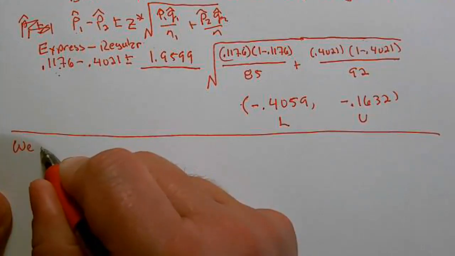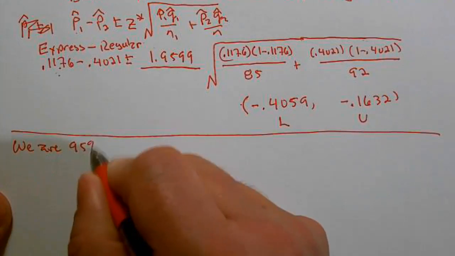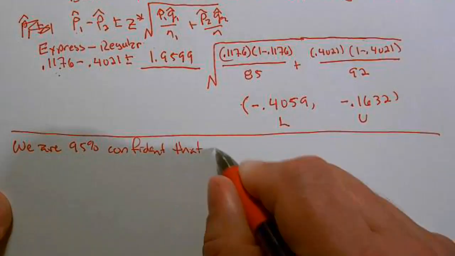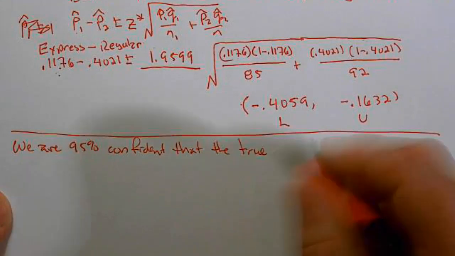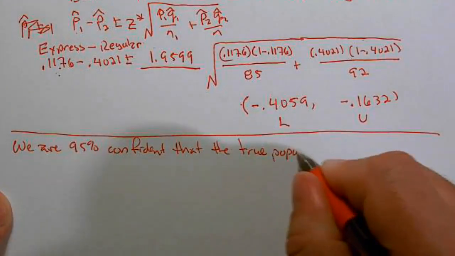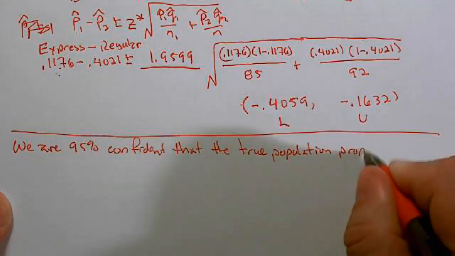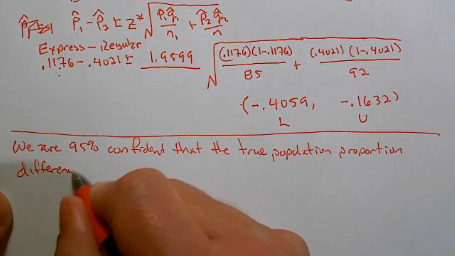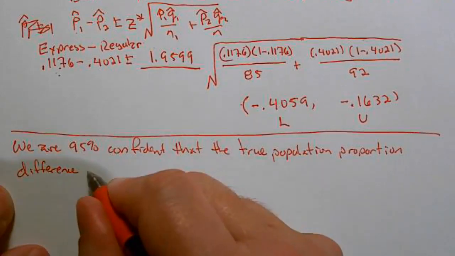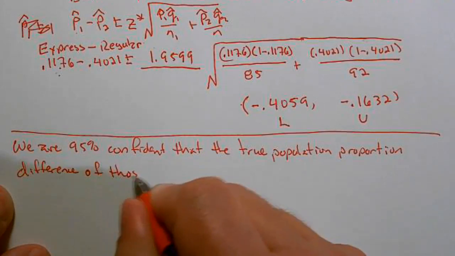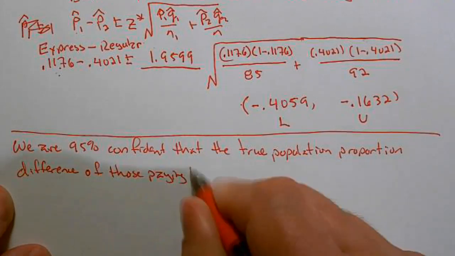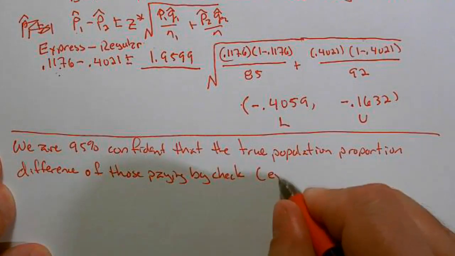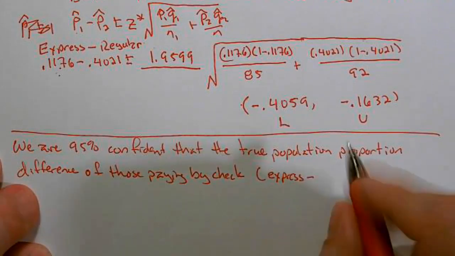We are 95% confident that the true population proportion difference of those paying by check, express minus regular.